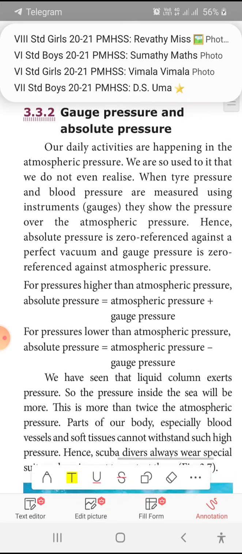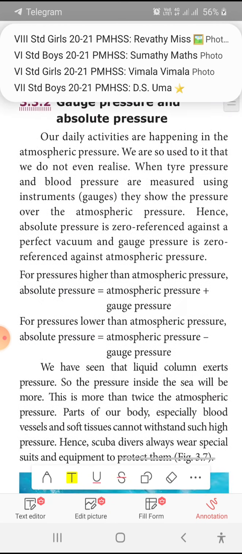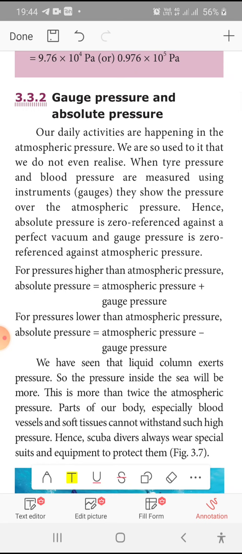Gauge pressure and absolute pressure. Our daily activities happen in the atmospheric pressure, so we are so used to it that we do not even realize it.